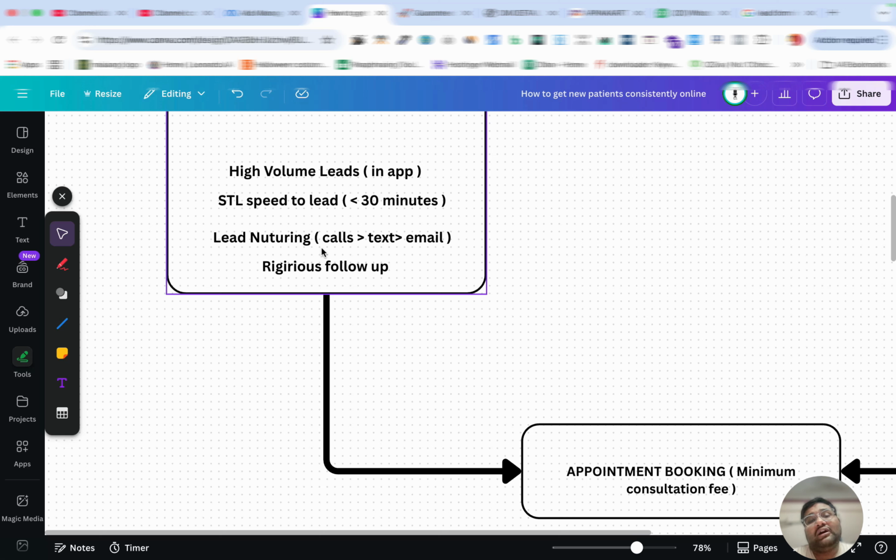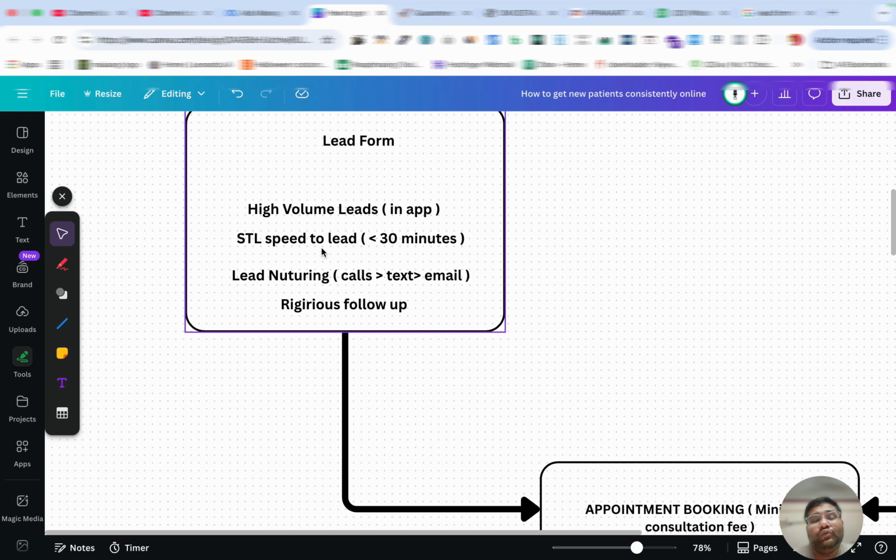You will call, and if they convert on the call, you will book an appointment. Otherwise, you will send a follow-up text about 20% off root canal treatment. Through that, you can improve the conversion rate, and you can follow up through email. So to convert a lead, you need to follow up rigorously to get an appointment booking.